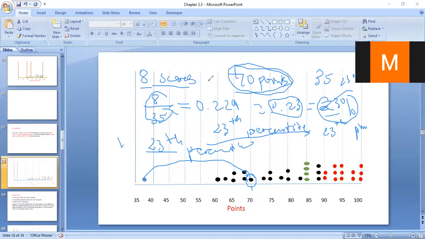Any question about finding the percentile? So score 70 point is 23 percentile.